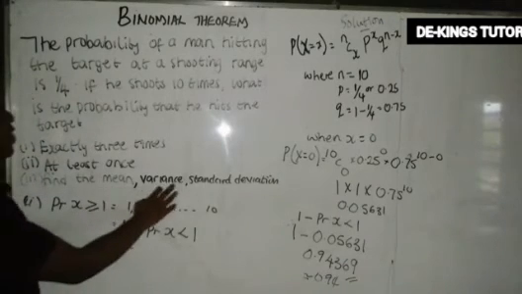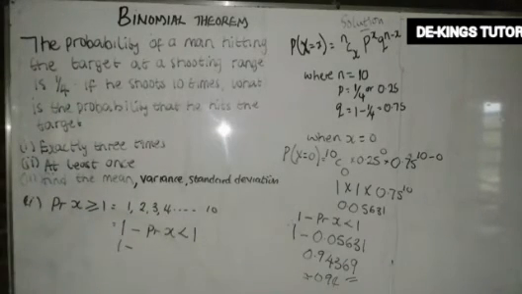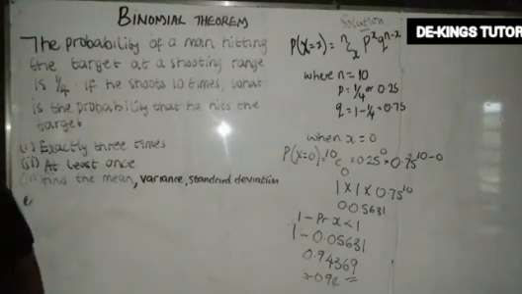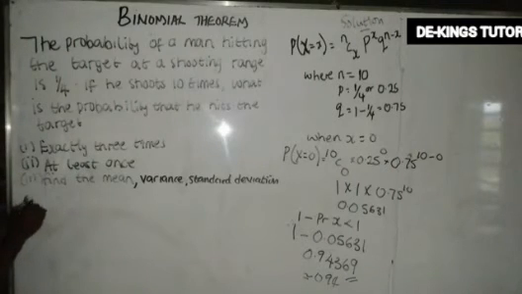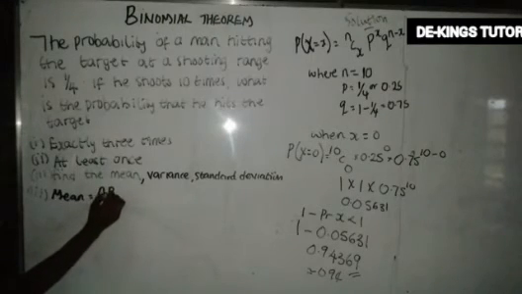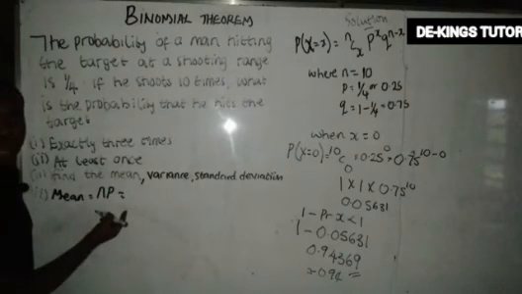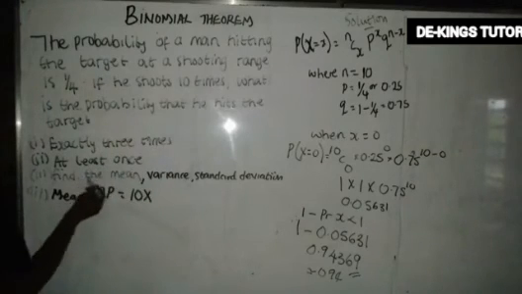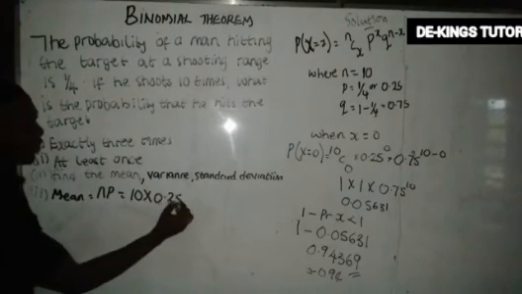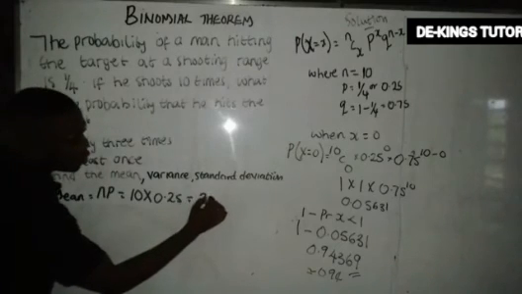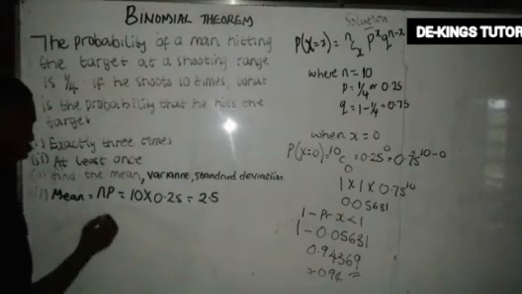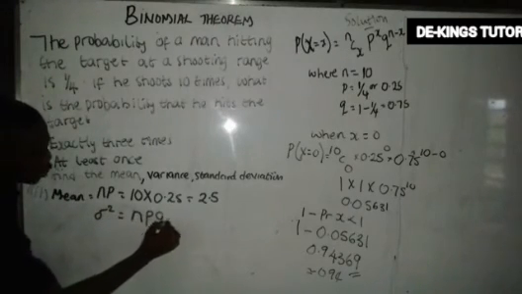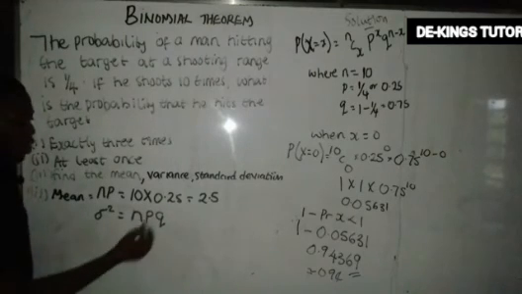They said find the mean, the variance, and the standard deviation. Now remember, the mean is np. The n is the number of trials, the p is the probability. So our number of trials here is 10 times our p, the probability, is 0.25. So 10 times 0.25 will give us 2.5. While the variance is npq. Now what is npq?